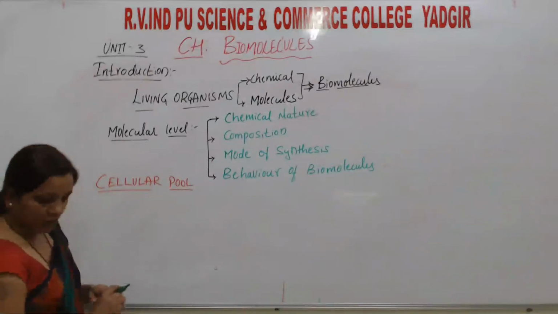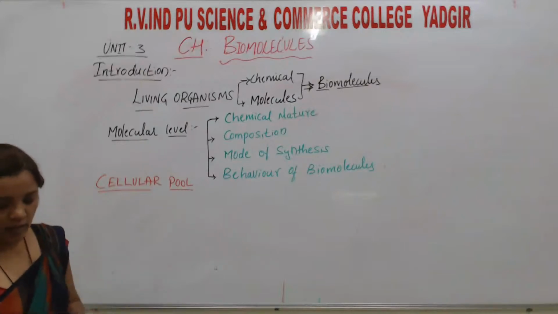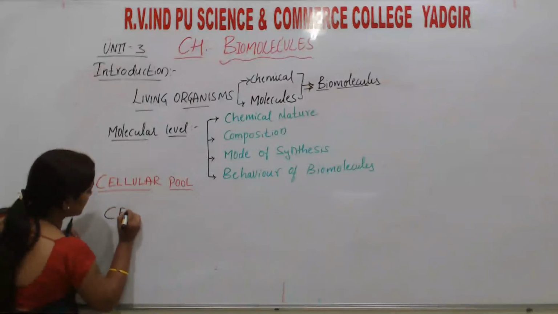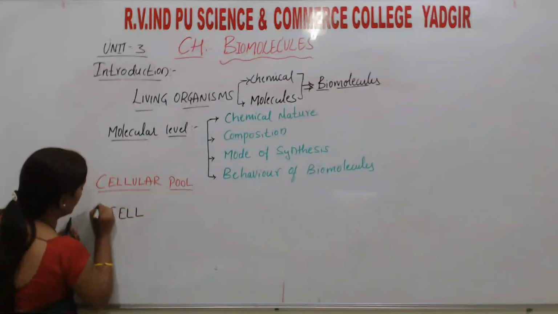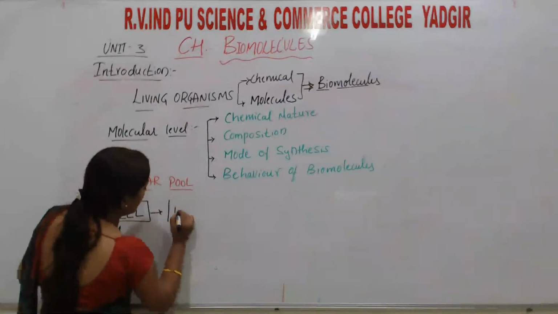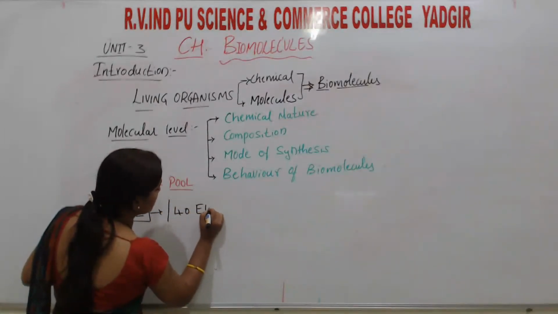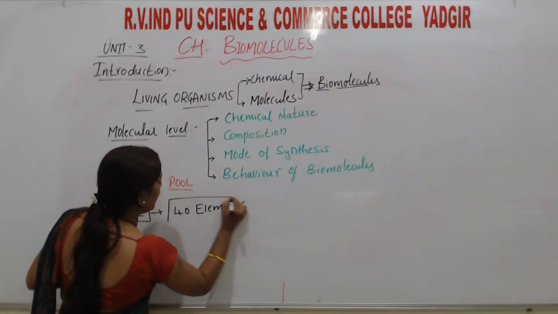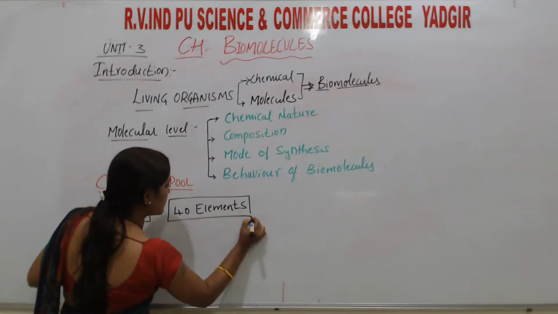If you take one cell, it is made up of 40 elements.